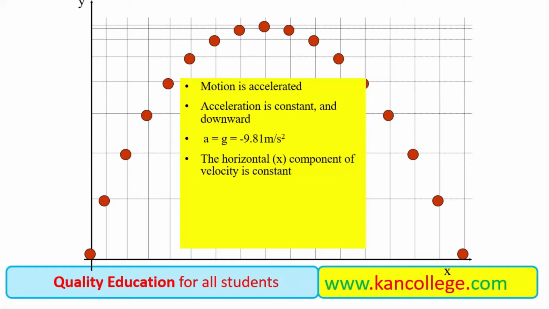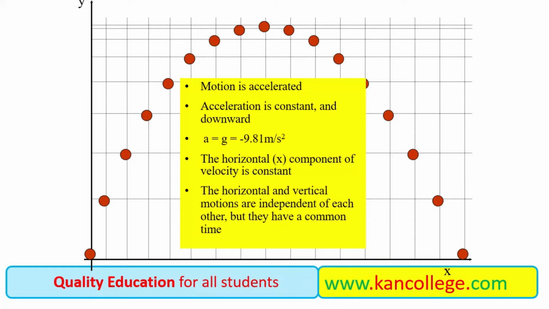This is the vertical component of the force, and it affects only the vertical component of the velocity. So velocity along the x-axis doesn't change, and the body moves with constant velocity along the horizontal direction. So the horizontal and the vertical motions are independent of each other, but they have a common time.